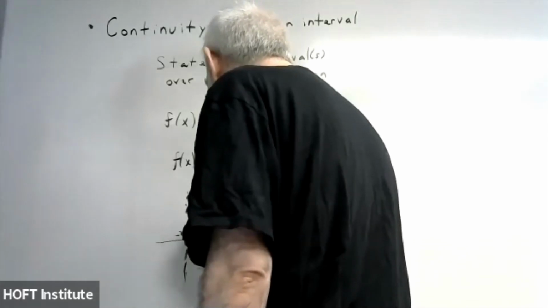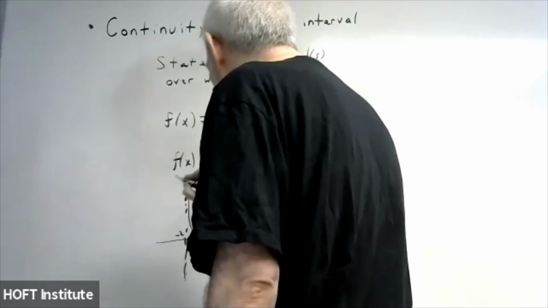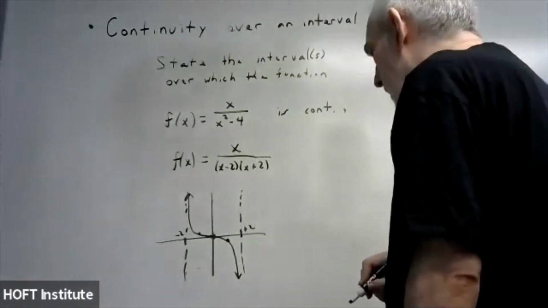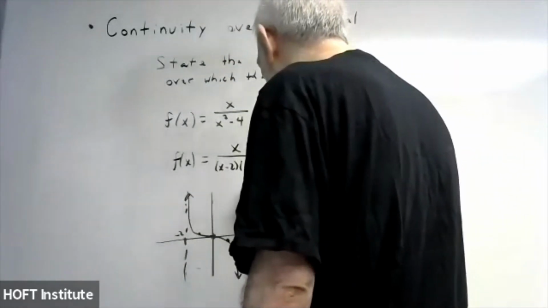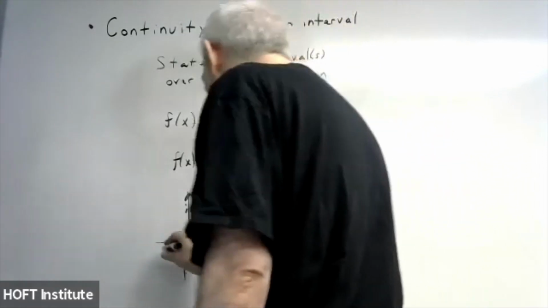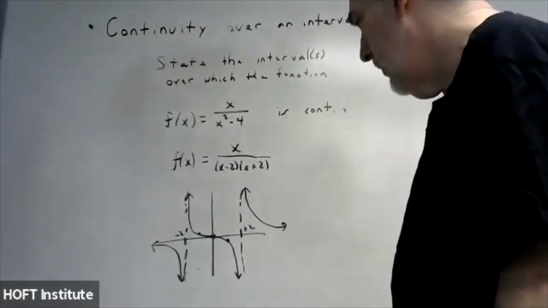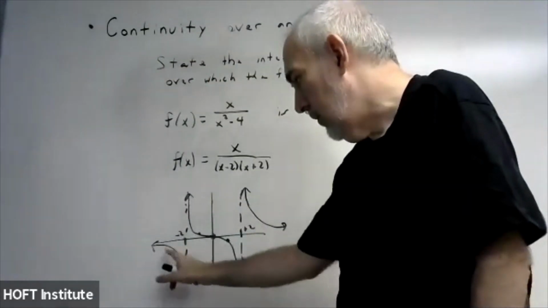Okay, and then I'm just going to fake the rest of the graph. I'm pretty sure it goes like that. And then when it crosses here, it's going to come down from infinity and go to 0. Okay, there's the graph.